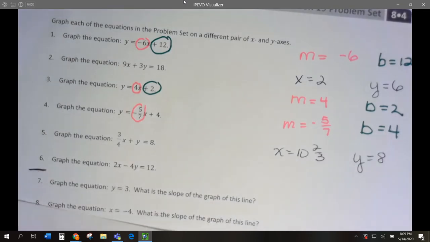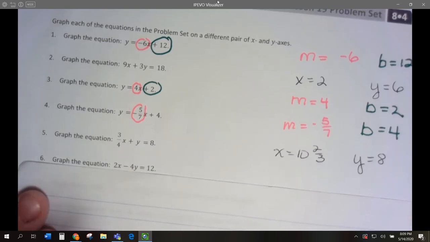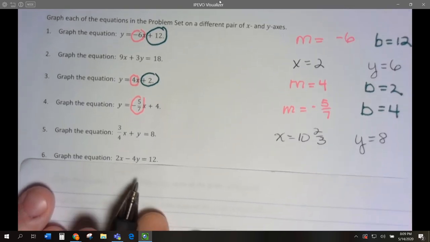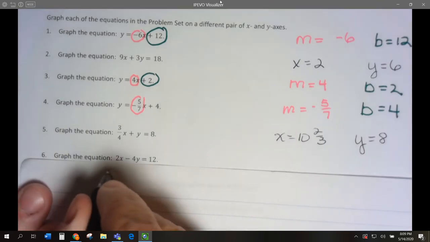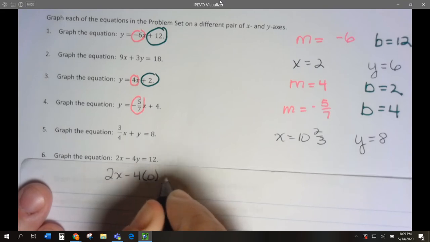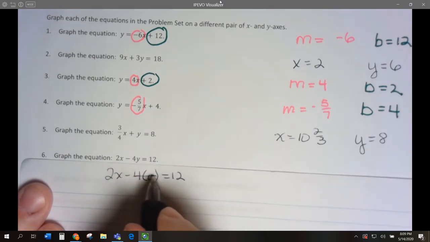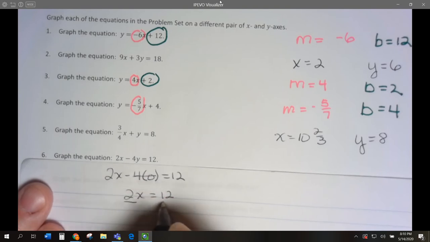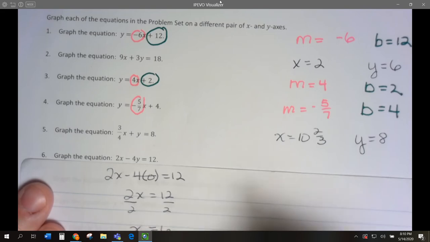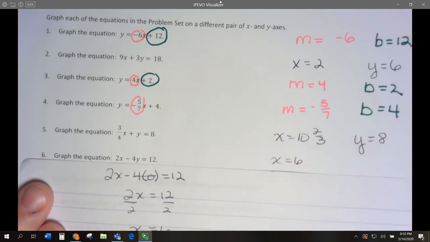For number 6, same thing. To find our x-intercept, we make y 0. So we have 2x minus 4 times 0 equals 12. That's going to be 0, so we have 2x equals 12. We're going to divide both sides by 2, and x is going to be 6.